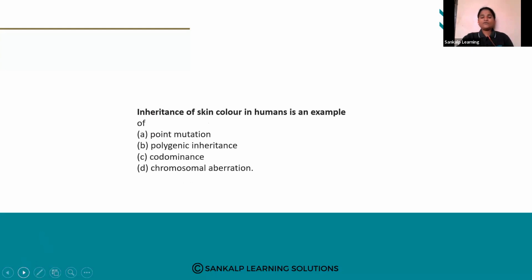Okay. Inheritance of skin color in humans is an example of point mutation, polygenic inheritance, codominance, chromosomal aberration.